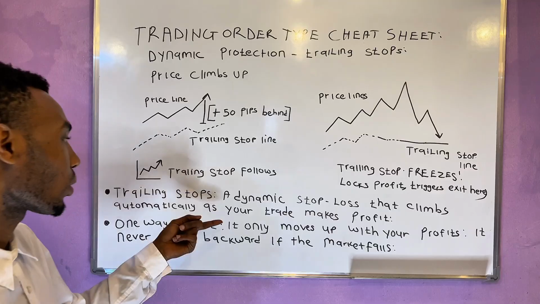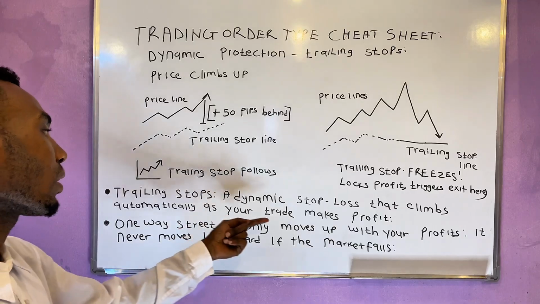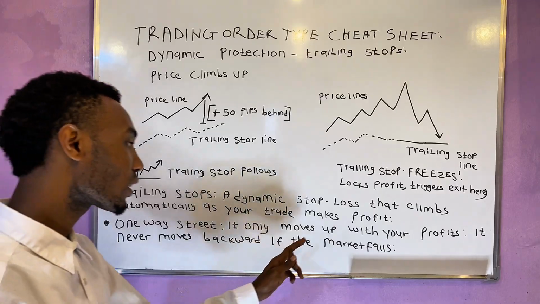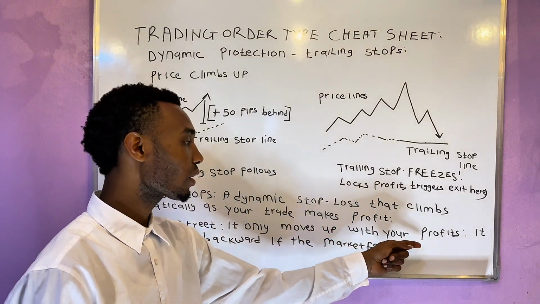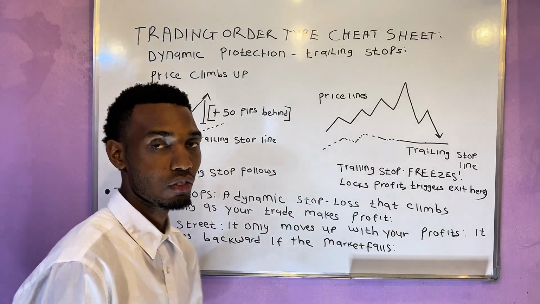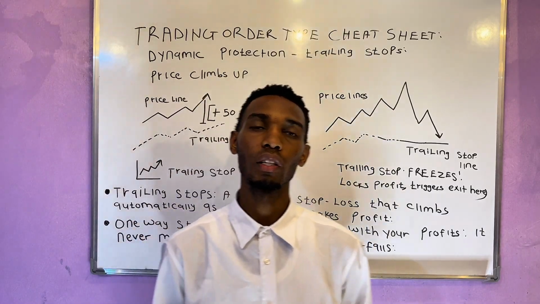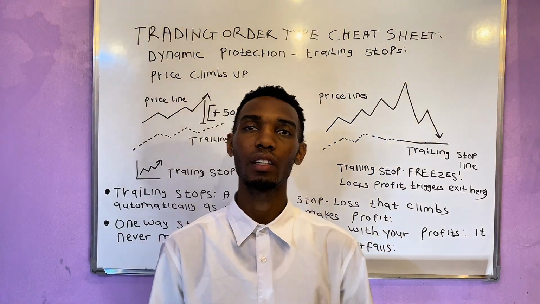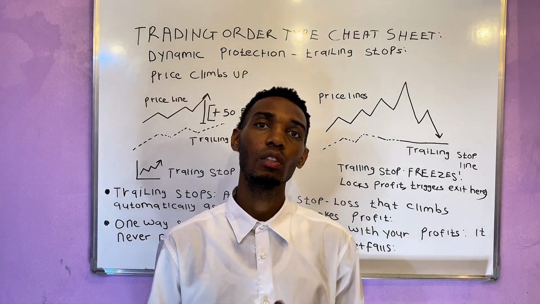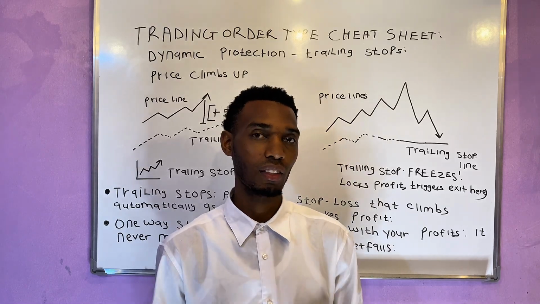Trailing stops are a dynamic stop loss that climbs automatically as your trade makes profit. It's a one-way street: it only moves up with your profit and never moves backward if the market falls. Imagine you are climbing a mountain with a safety rope that automatically adjusts.